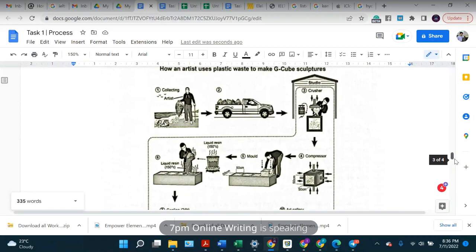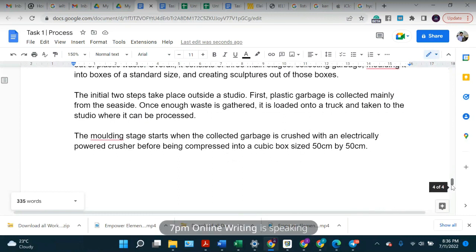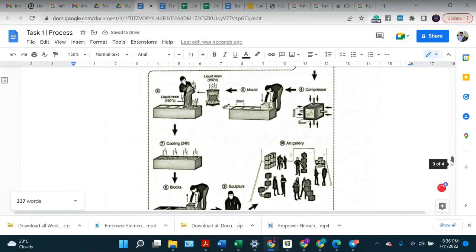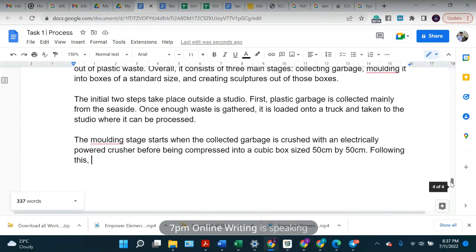Okay. What is another word for then? Like following this, maybe, right? Okay, so we can say the compressed plastic waste can be molded, right?